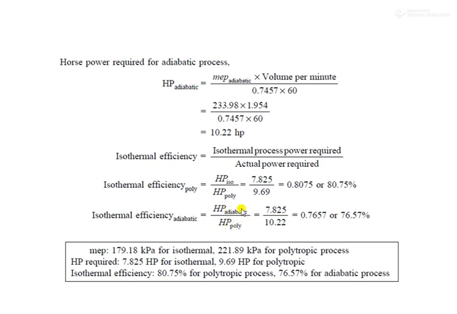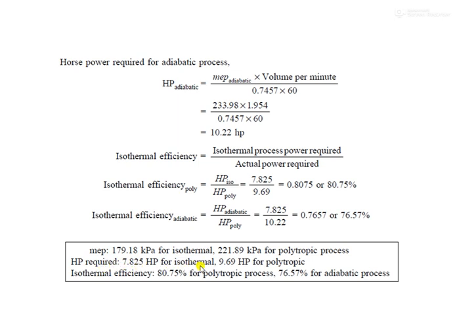So please correct this expression. It is HP isothermal by HP adiabatic. So 7.825 by 10.22, and it comes out to be 76.57%.